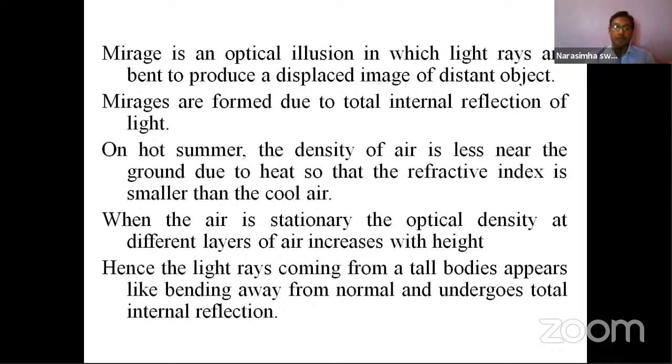On the roads, you can see the image of the trees. It appears as if some water is poured on the roads. So the light rays coming from the tall bodies appear to bend away from the normal and undergo total internal reflection.